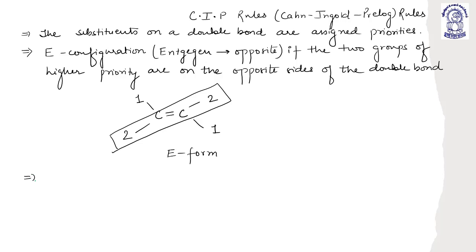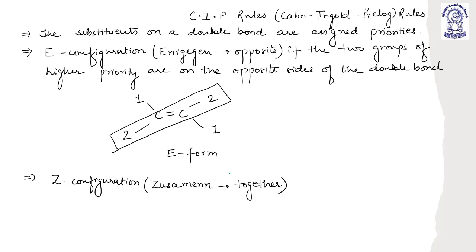Now, Z configuration. Z means from Zusammen, a German word which means together, meaning on the same side.